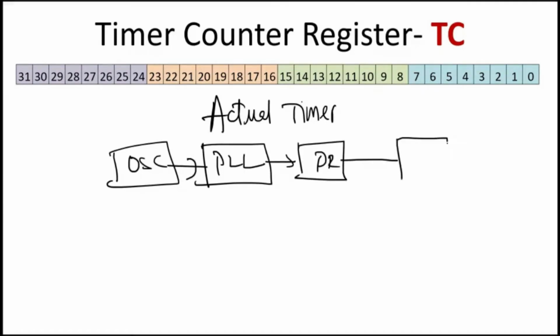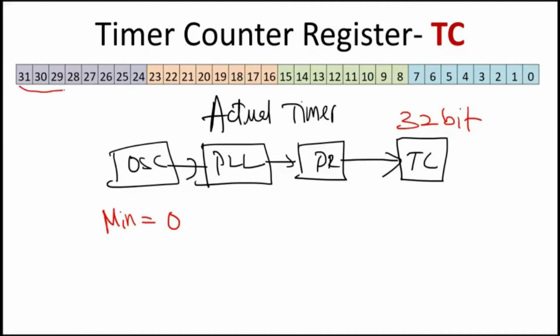Finally comes the timer counter. Timer counter is the last fellow in the chain. The important thing is this is a 32-bit register. 32-bit register means the minimum count it can count is 0, all 32 bits 0. That is the minimum count.